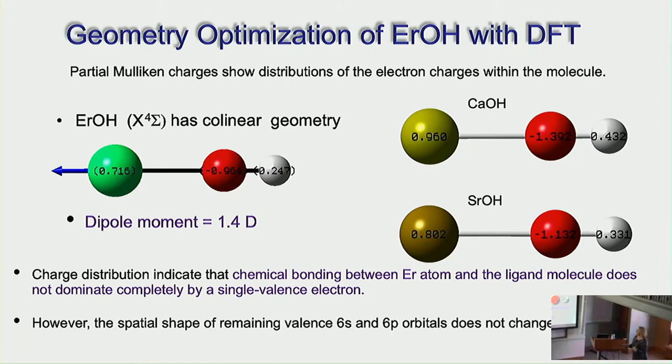But nevertheless, we can see the ionic coupling, the 6s electron going to oxygen, does not totally leave the atom. But it's maybe not terrible. So we will see later. I will discuss why.